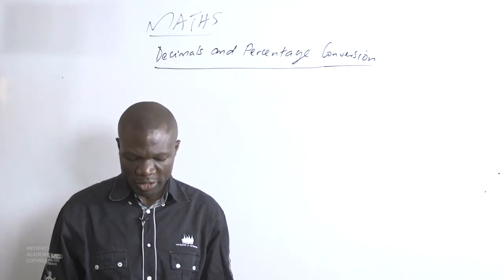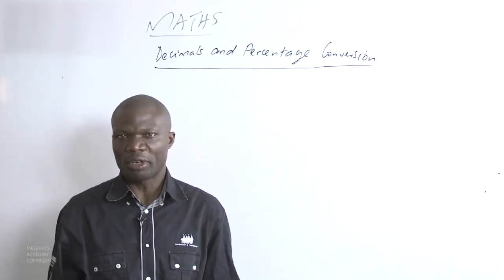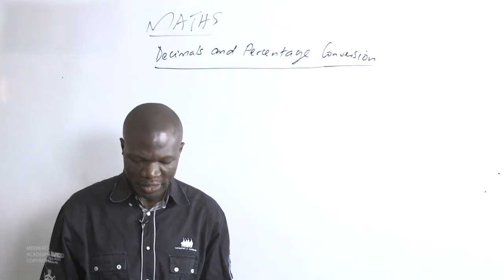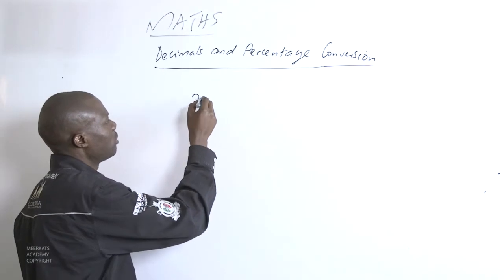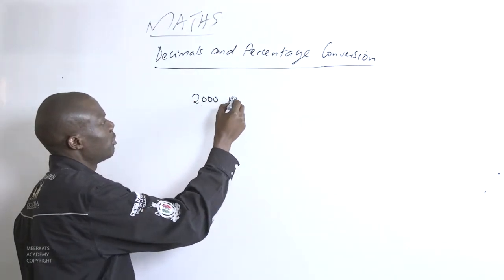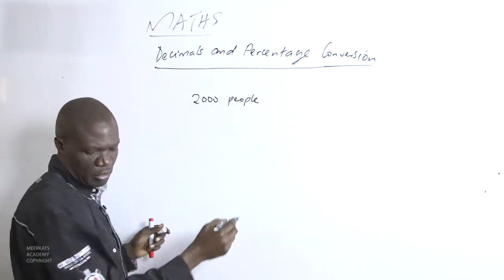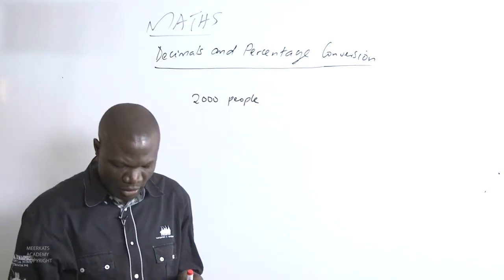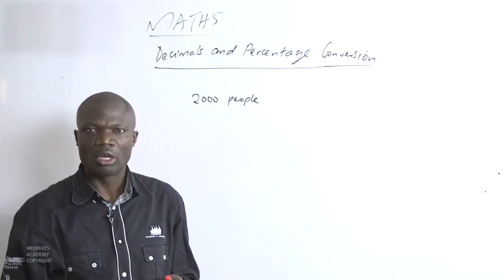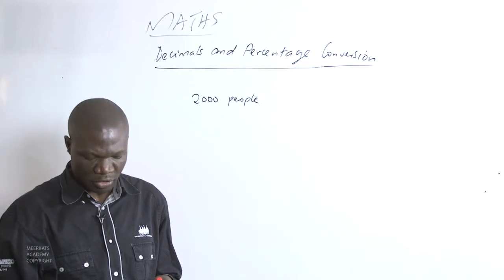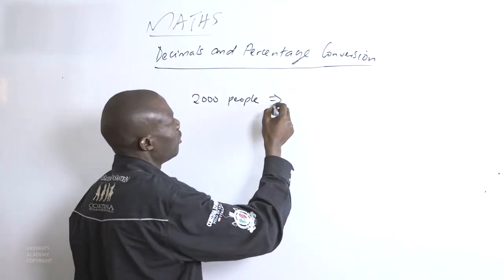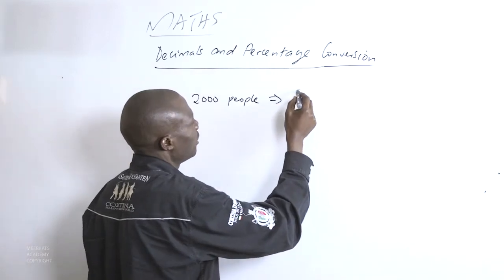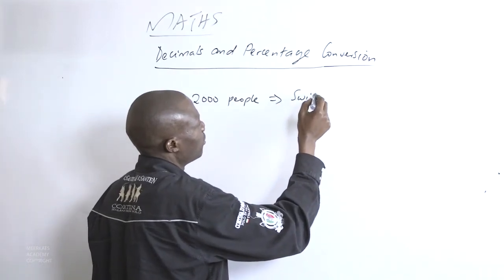Let us look at an example. Suppose you wake up one morning and find that in one of the villages we have 2,000 people who want the government to construct a swimming pool.